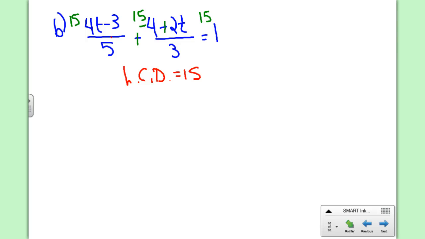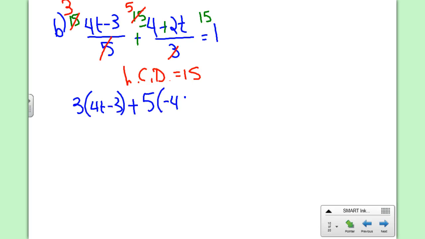In the end, I can blow up the 5 with 15 and get 3. I can blow up the 3 with the 15 and get 5. So now, in this new world, I've got 3 times 4t minus 3. I now have addition, because I moved that negative in there, and I've got 5 times minus 4 plus 2t, and that equals 15, since 15 times 1 is 15.